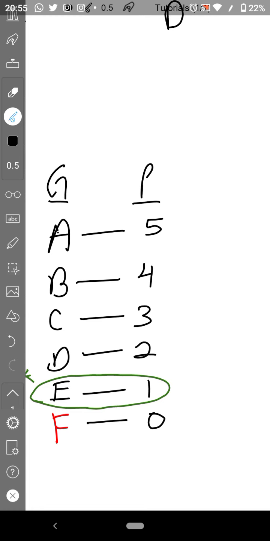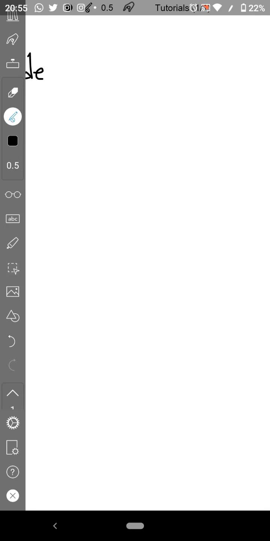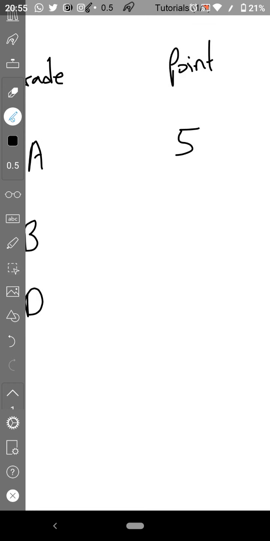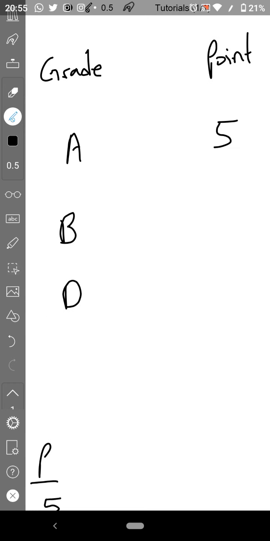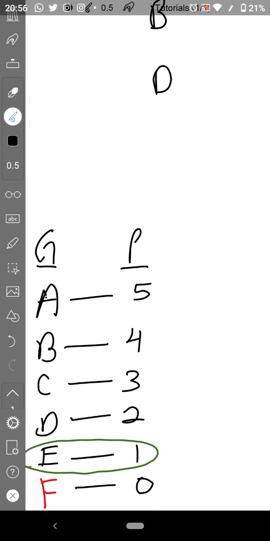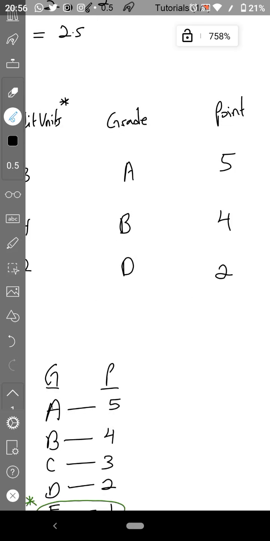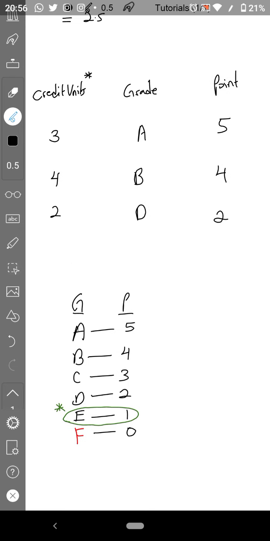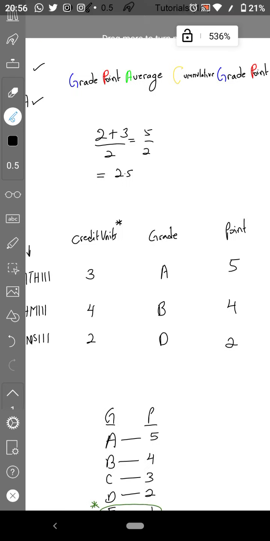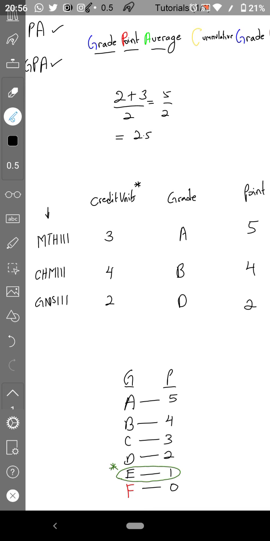So now, knowing all this, we're going to give the respective point to each grade. So this is point. So this becomes 5. Say it out with me. You can pause the video and say it before me writing it down. This becomes 4 and D is 2. So look very carefully. Grade point average. Now this is how you calculate the average.